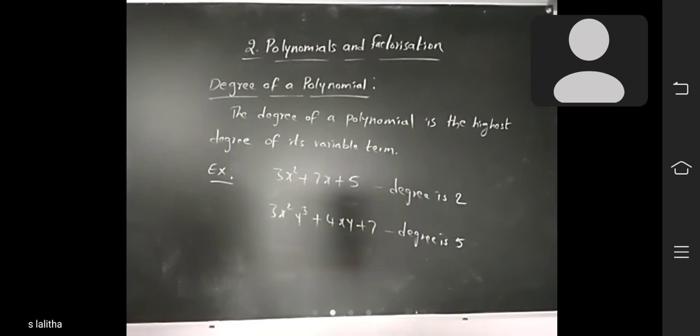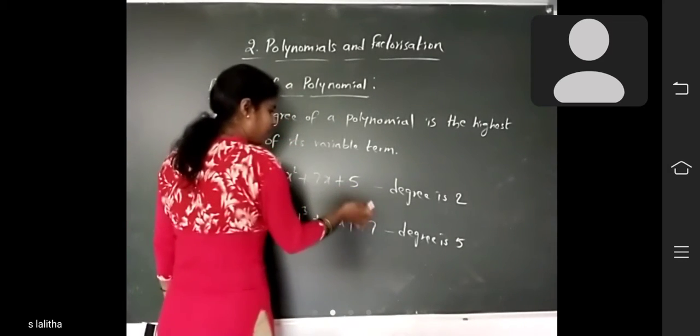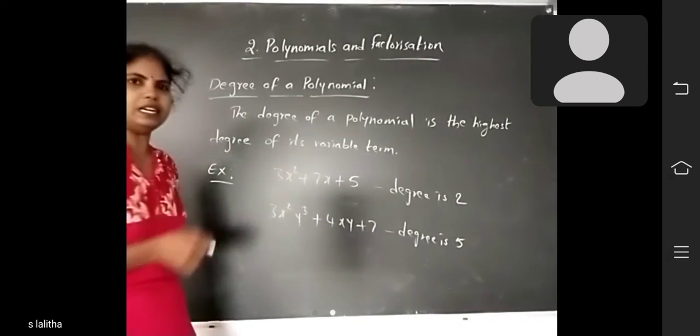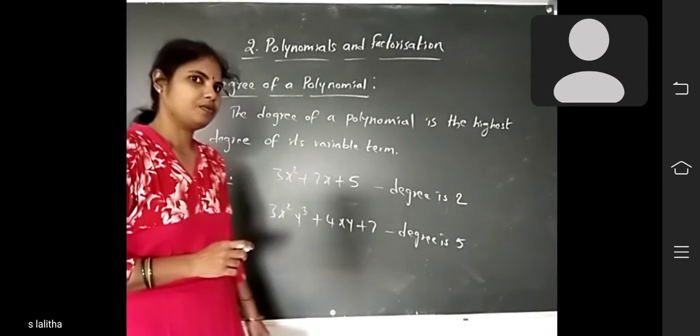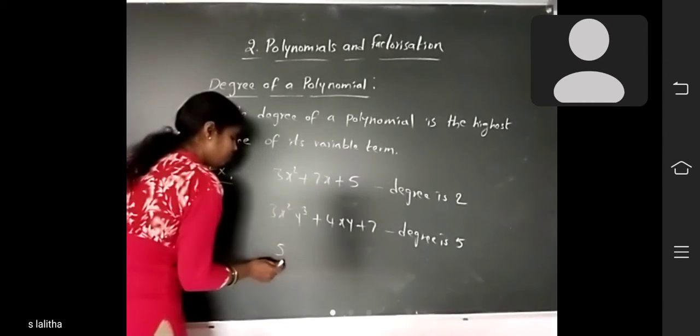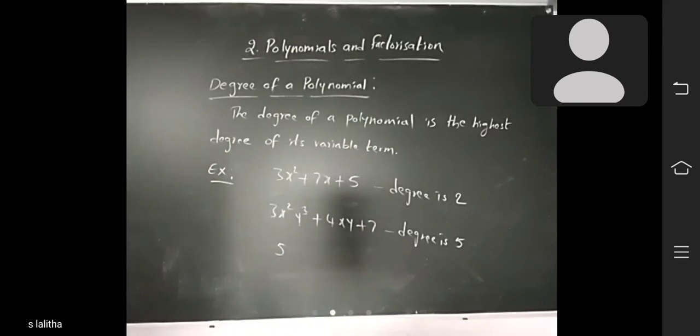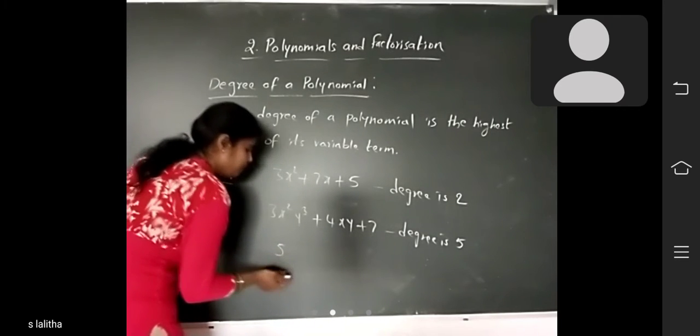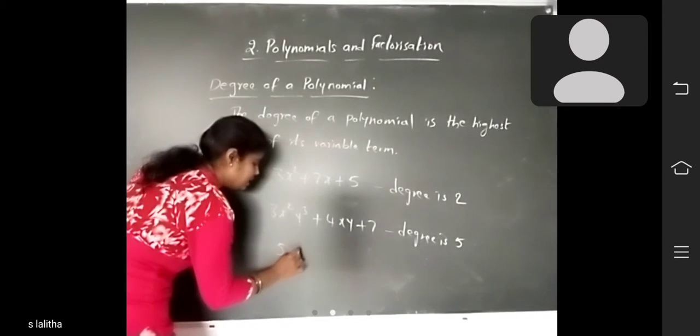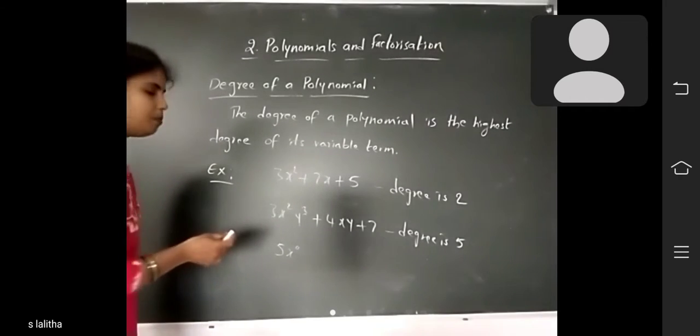Now here the constant terms are there. 5 and 7 are constant terms. What is the degree for constant terms, children? There is no variable, so you have to write x power 0. X power 0 means what?